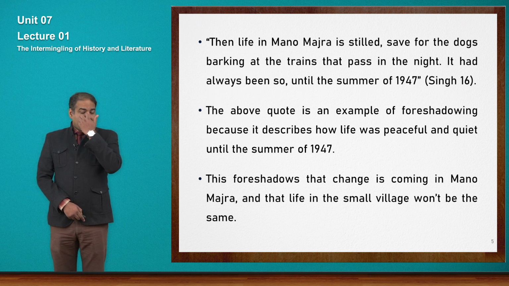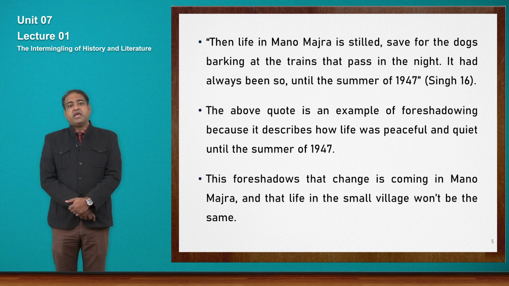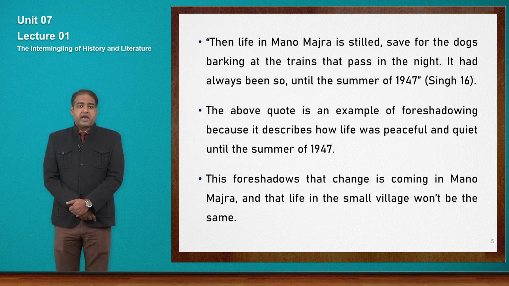Then, life in Mano Majra is still, save for the dogs barking at the trains that pass in the night. It had always been so until the summer of 1947. Friends, this is a quotation, a line taken from the text itself, Train to Pakistan, page number 16.